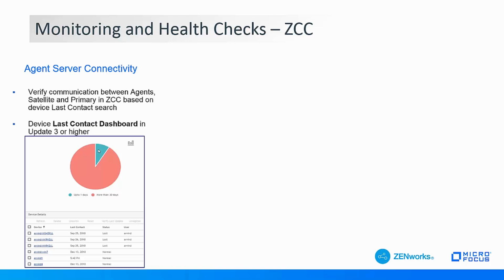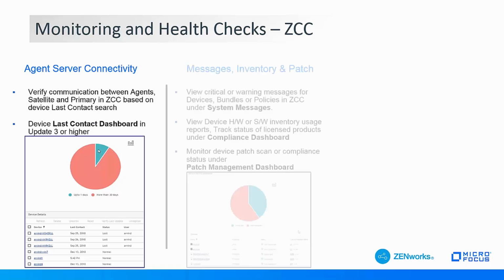You can take some corrective actions, and it has some drill down capabilities where you can generate a report, or you can modify and search. So those kinds of dashboards help to really look at the communication, how your agents are talking to your servers, and what kind of devices are sitting there which are not being used.